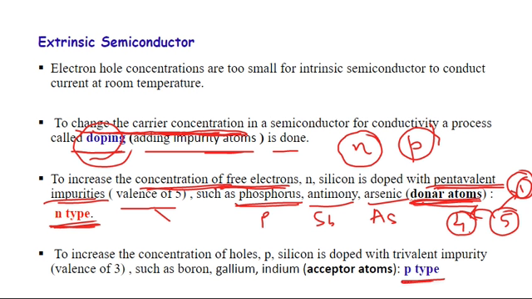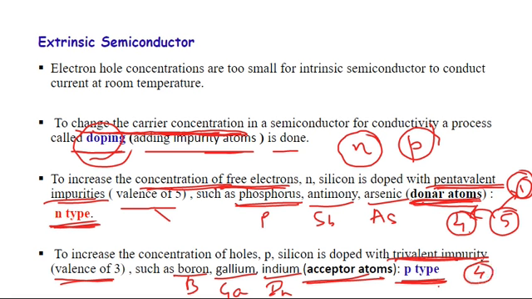Next, moving on to the P-type semiconductor. To get the P-type semiconductor, we have to add a trivalent impurity. A trivalent impurity is an atom having a valency of 3, whose examples are boron B, gallium Ga, and indium In. These are called the acceptor atoms. Again, same thing: silicon atoms require 4, but a trivalent atom gives 3, and one of the covalent bonds is not completed.